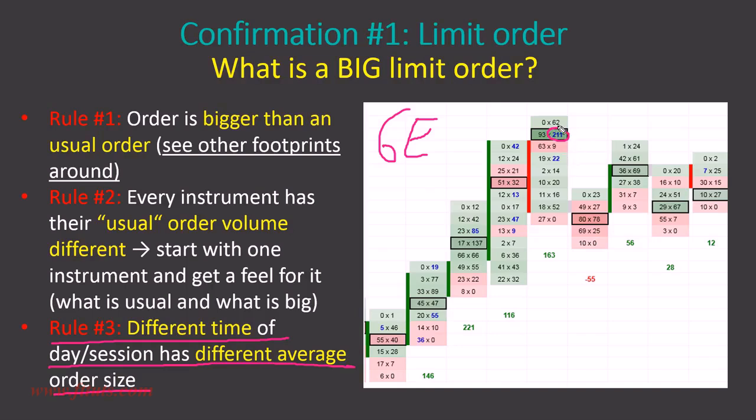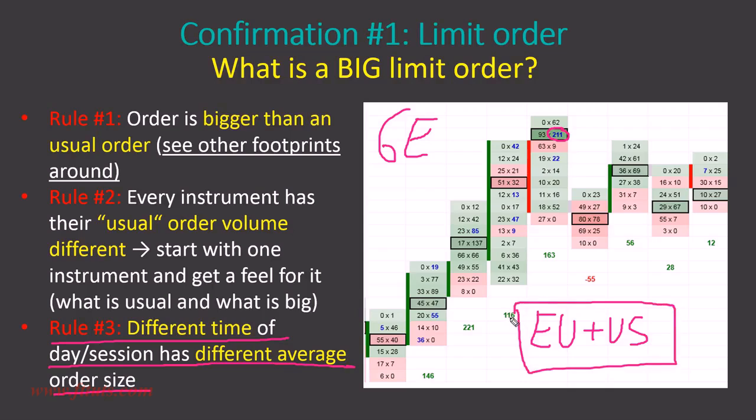But if this number occurred during the peak, which is the European and US session overlap, where most of the volume gets traded, then this number wouldn't be anything special. So you also need to pay attention to whether this number occurs during a calm period of the day, during a calm session, or during the peak. And also during the news, of course, because when there's news, there are huge volumes.